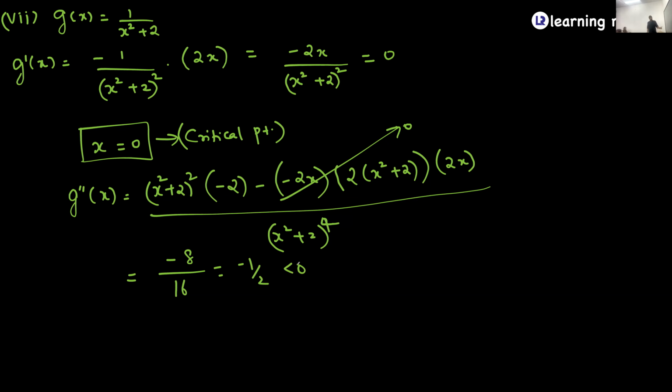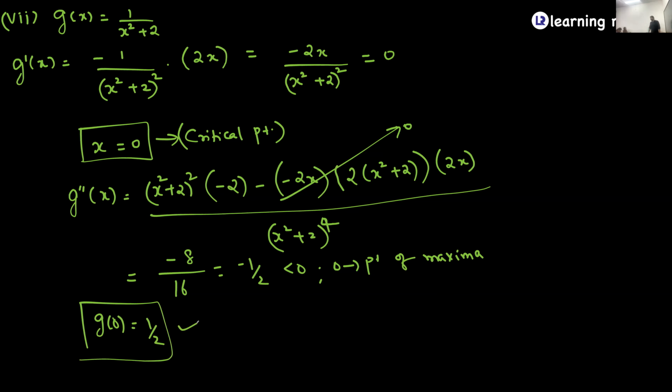So x equal to 0 is a point of maxima. So what is going to be the value? What is g of 0? Half. And this is going to be the maximum value. So the maximum value is half, and the local maximum arises at x equal to 0. Okay, so make a note of this.